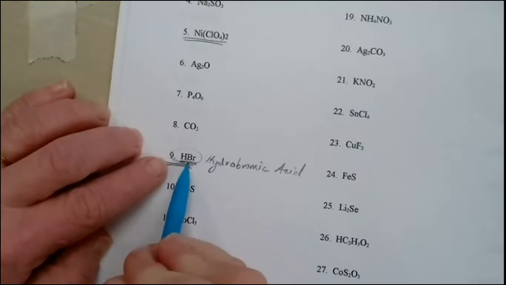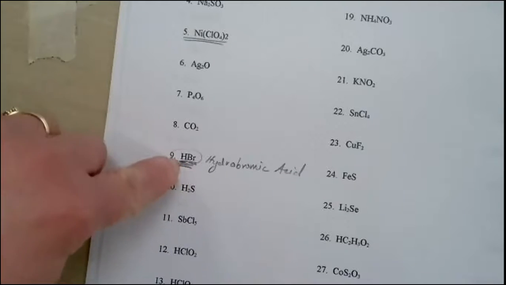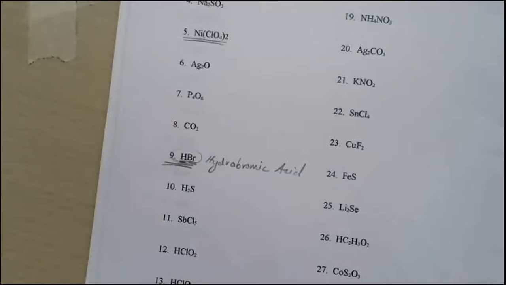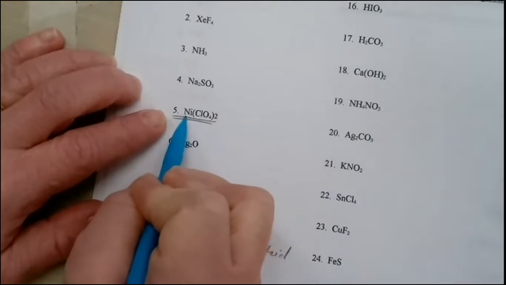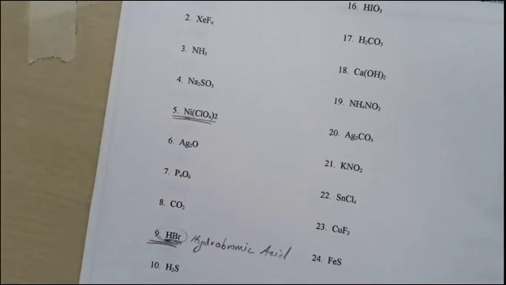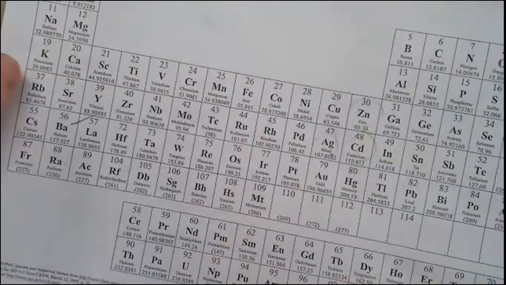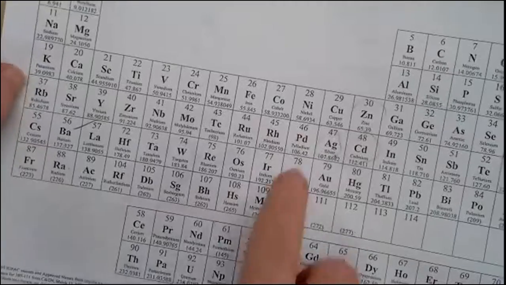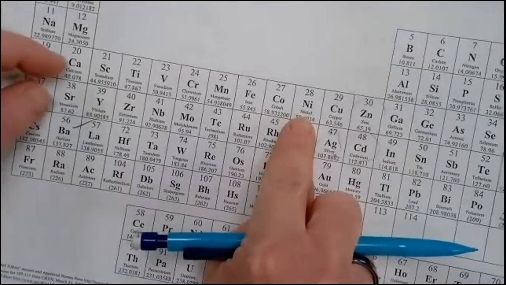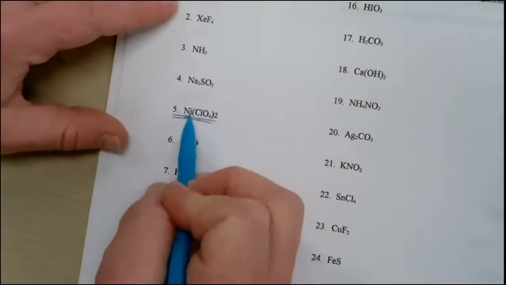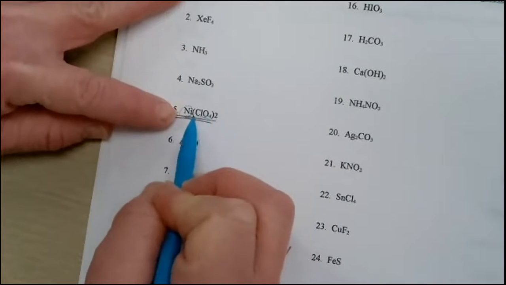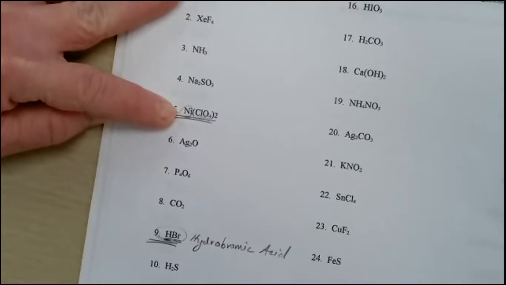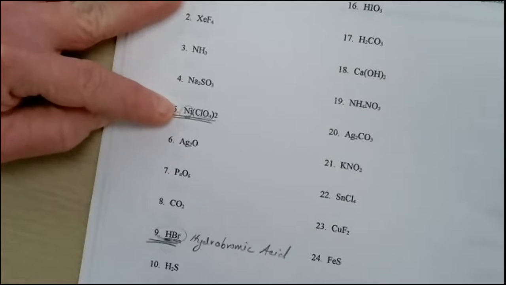So the first element diagnoses the type of compound. And then we just have to know the questions to ask ourselves from there. Okay, so Noah, you said number 5. Nickel, a metal. Is it a metal that I always know the charge of? No. So I need to go into the formula. All right, nickel is paired with 2 perchlorates.